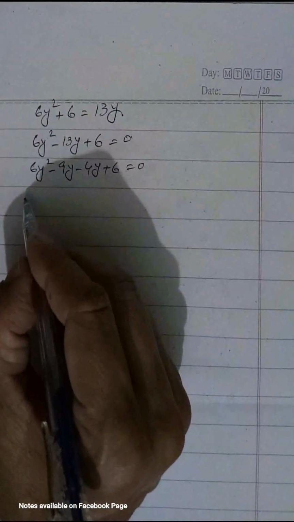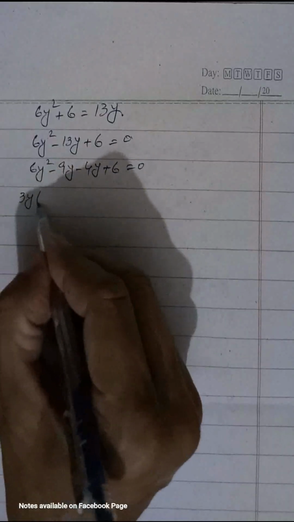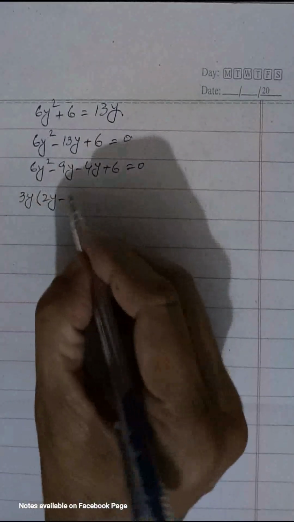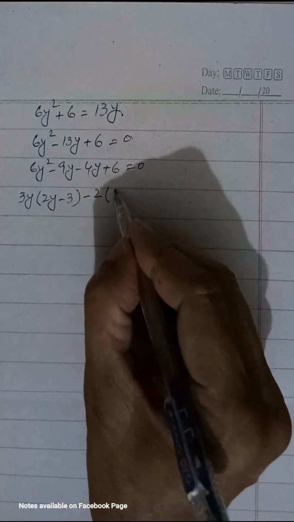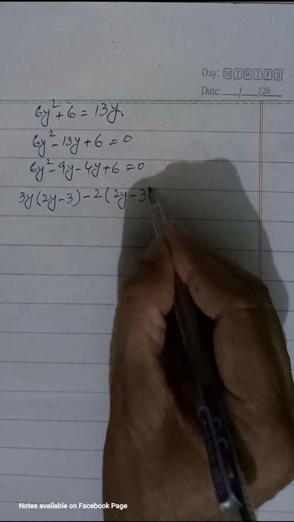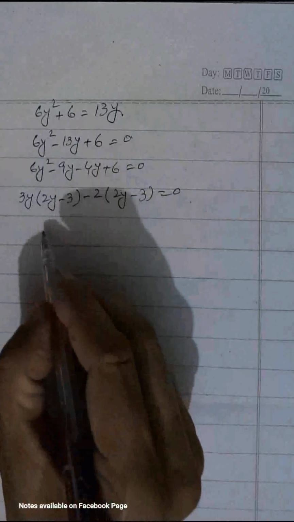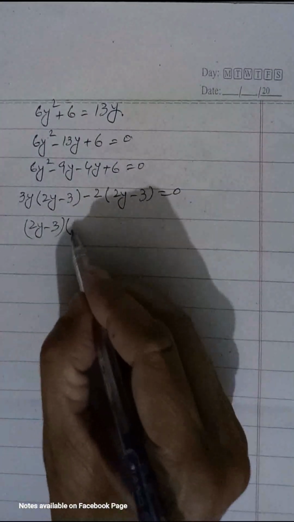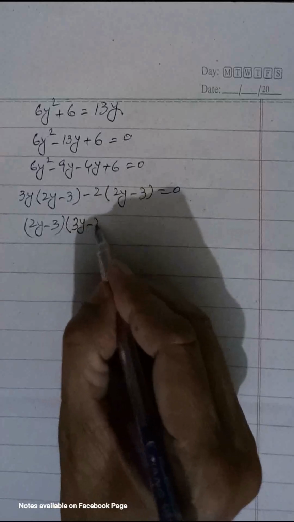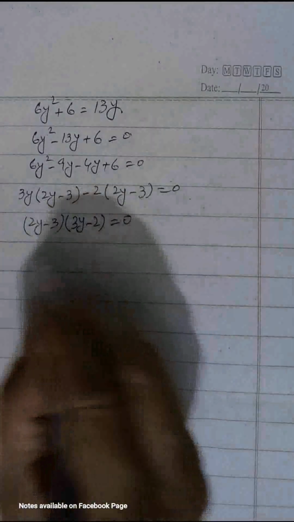Take common 3y (2y minus 3) minus 2 (2y minus 3) is equal to 0. 2y minus 3 and the other is 3y minus 2 is equal to 0.